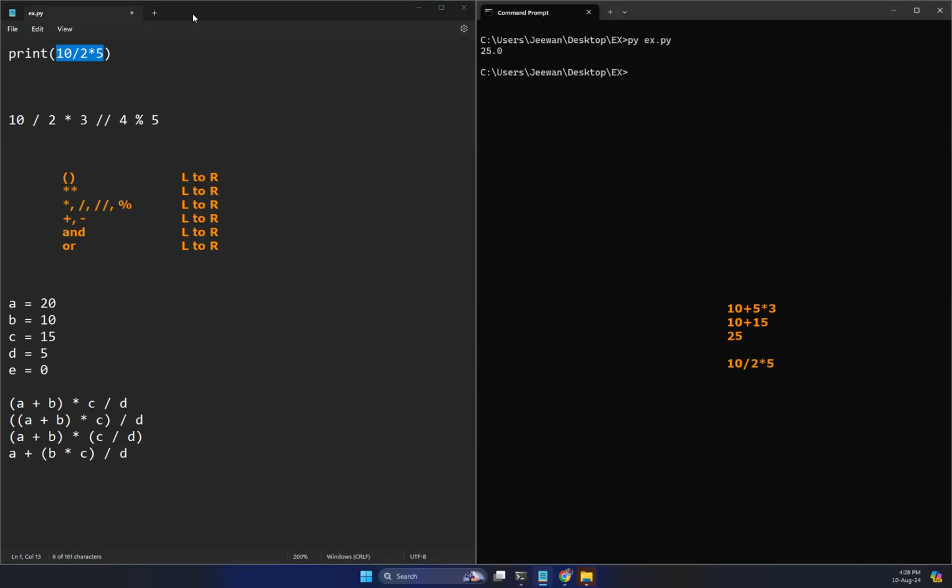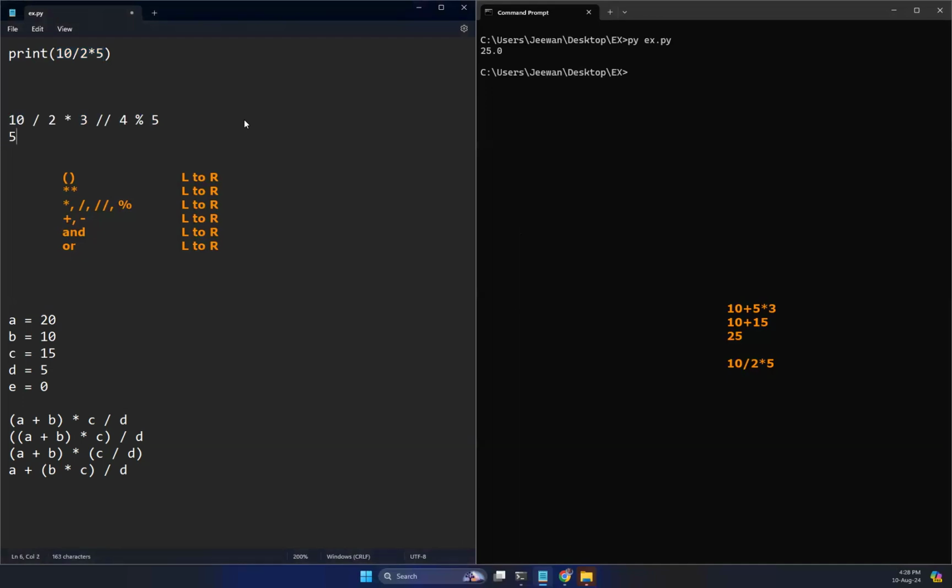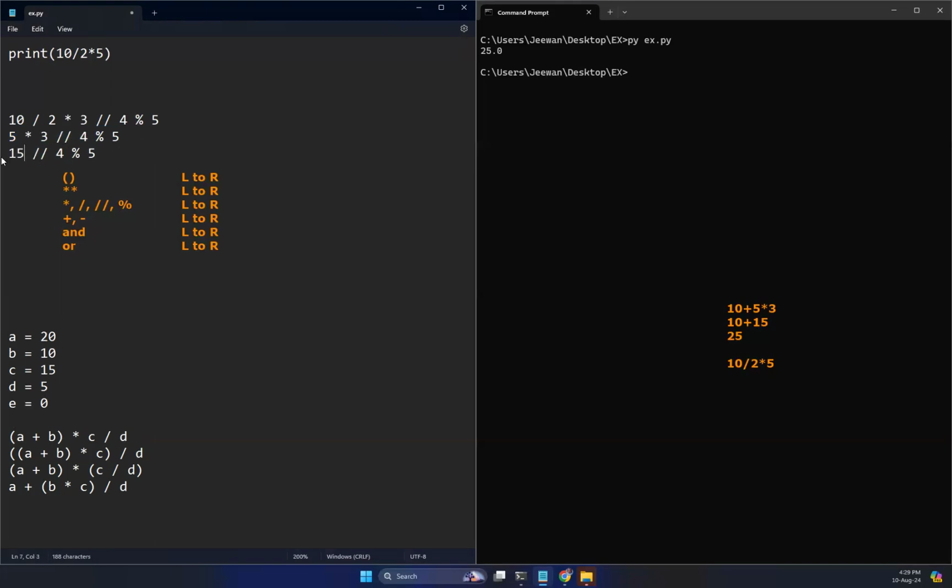Initially, 10 divided by 2 becomes 5.0. Then 5.0 into 3 becomes 15.0. Then 15.0 floor divided by 4, modulus 5.